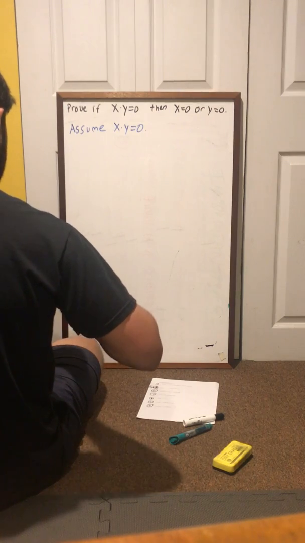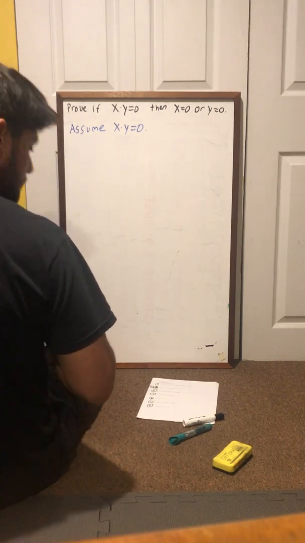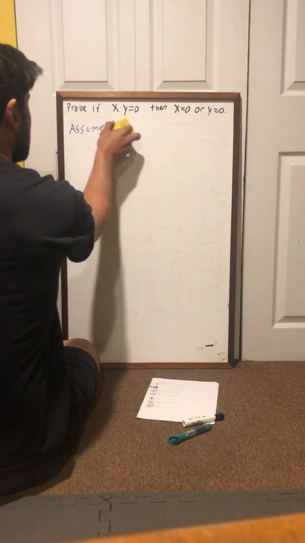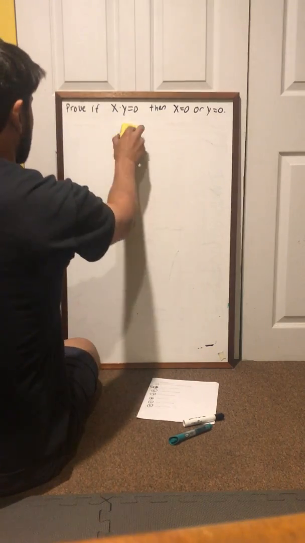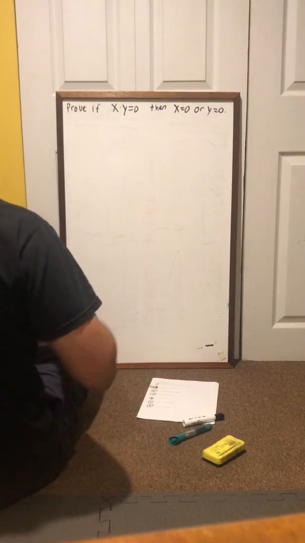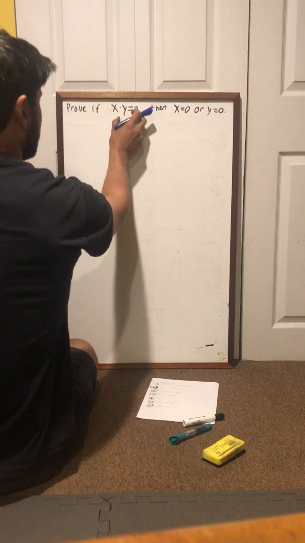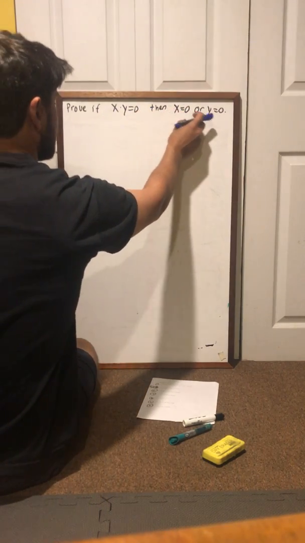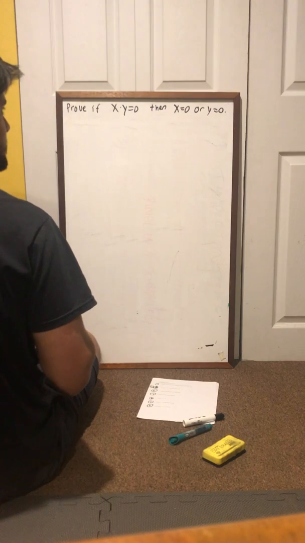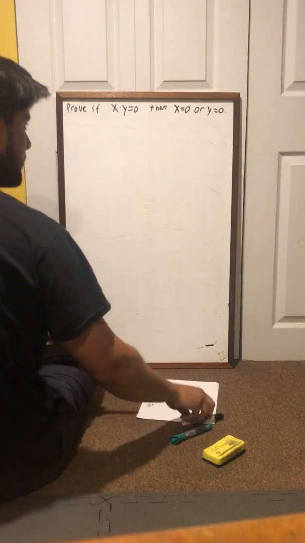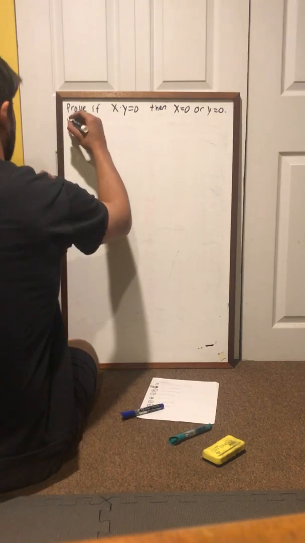We're also, let's take it back a step. All right, so prove if x times y equals 0, then x equals 0 or y equals 0. All right, so this problem is going to require a proof by cases.